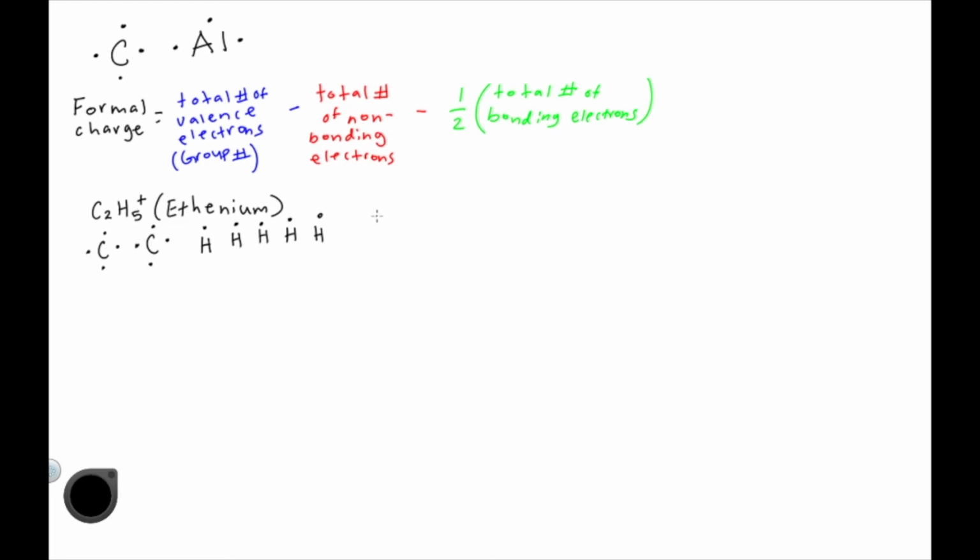So in total, we have 13 electrons. But since ethenium is a positively charged ion, we have to subtract 1 electron from the total, and that gives us a total of 12 electrons to account for in all.